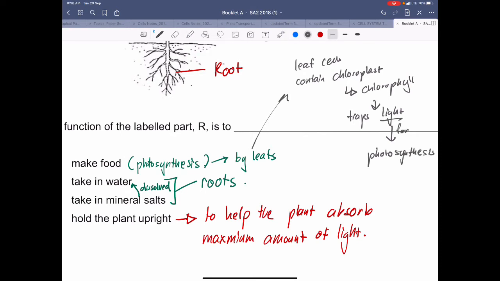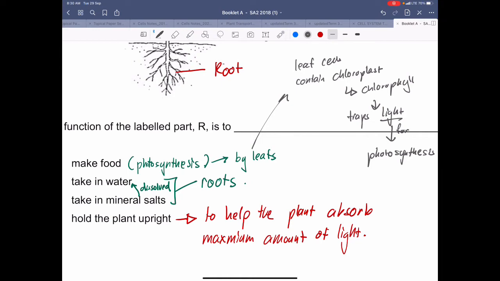So in fact, the way I write my notes, you should learn how to, because it shows you what the key points are. Do you realize? Chloroplast is a key point, chlorophyll is a key point, trapped sunlight is a key point, photosynthesis is a key point. So by writing notes, that is how you should be writing notes when you practice. This will help you identify what the key points needed in your answer are.